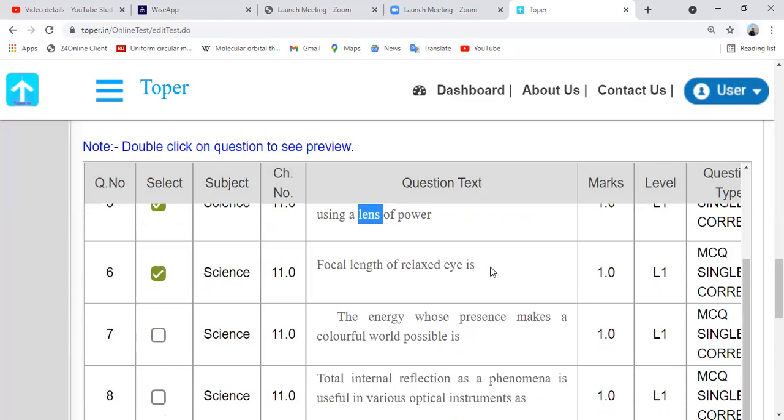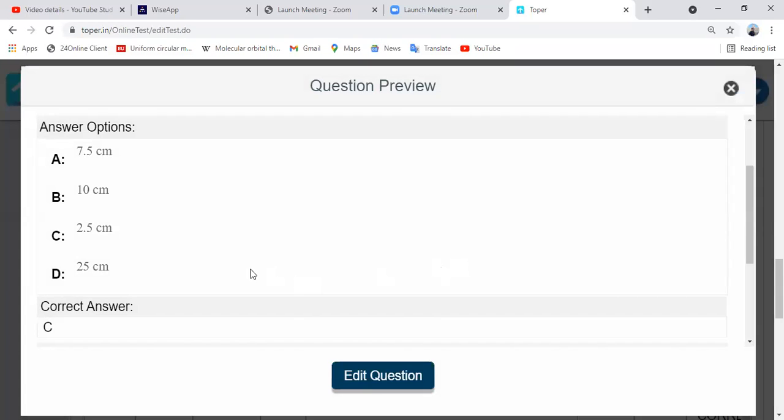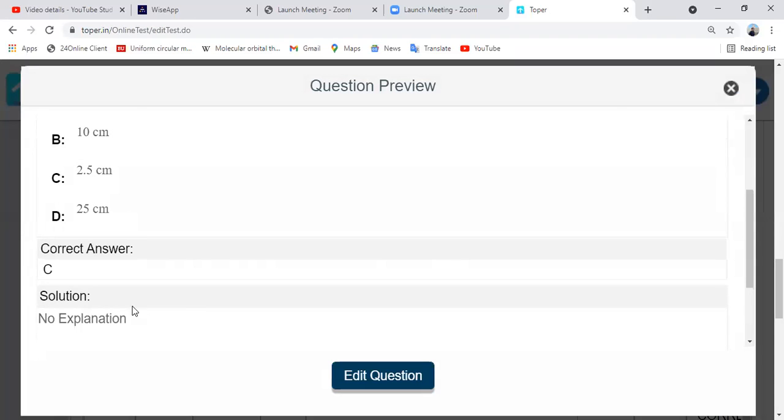Focal length of relaxed eye is, that part is not completed there. It's 25 centimeter. It was given in the first chapter also. It is given 2.5 here, but it is 25 centimeter. The answer is 25 centimeters, so this question has to be corrected.